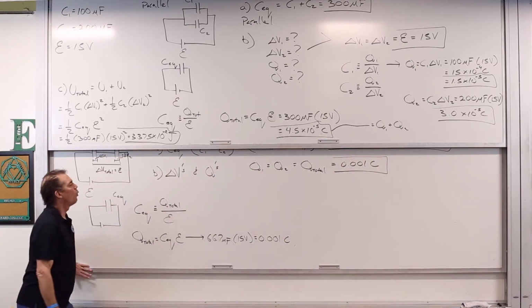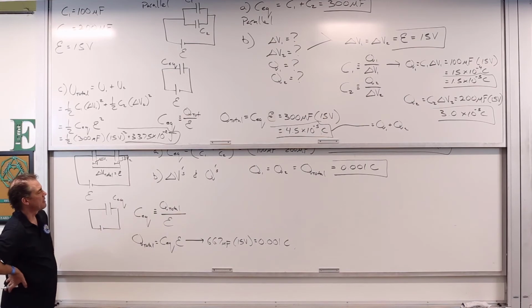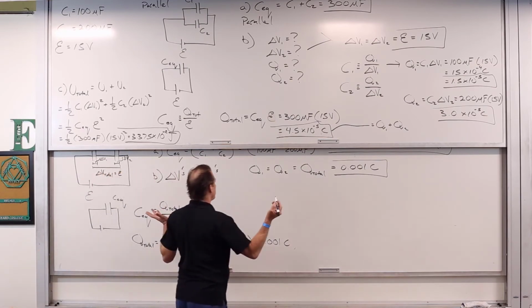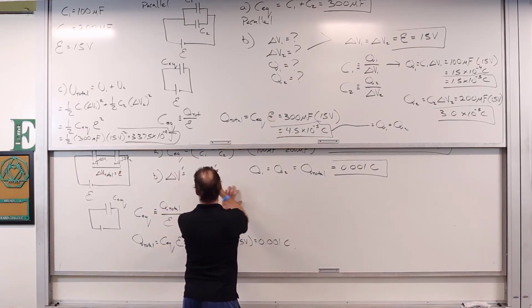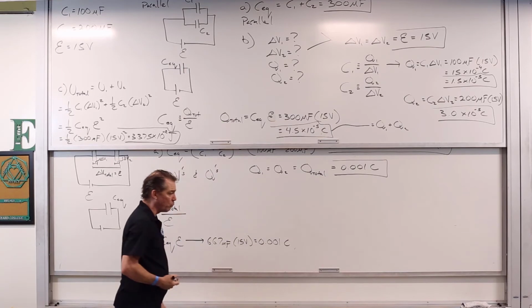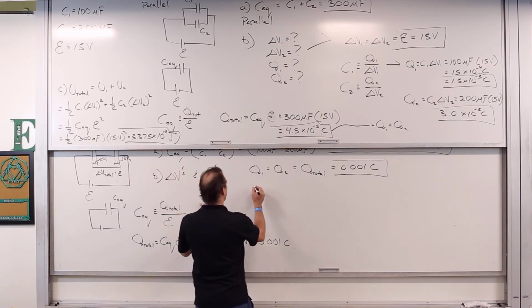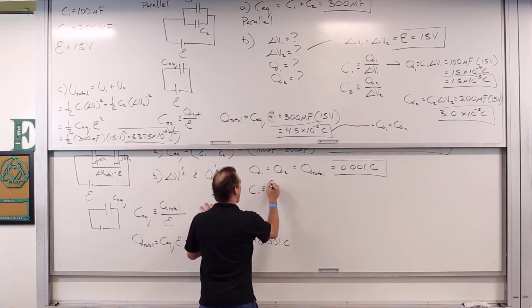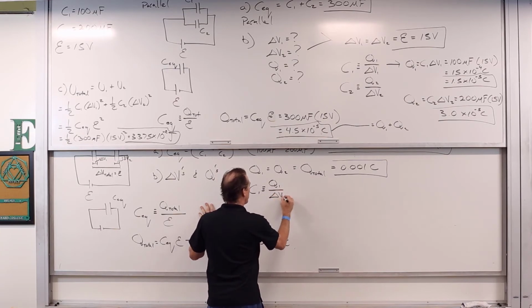All right, so we got this nice charge separated. And we go ahead and say, well, what about the potential differences? So the potential differences should be pretty easy to get because once again, we can go back to the individual definitions of the individual capacitors. We've got that C1 is defined as Q1 over delta V1.